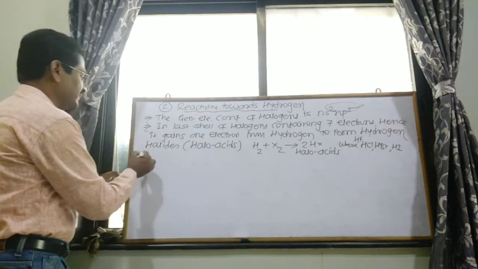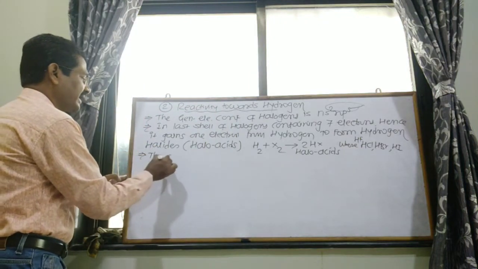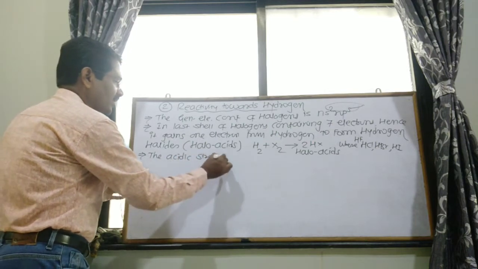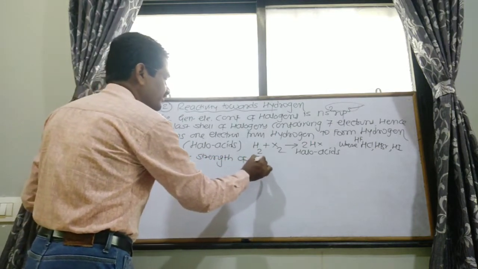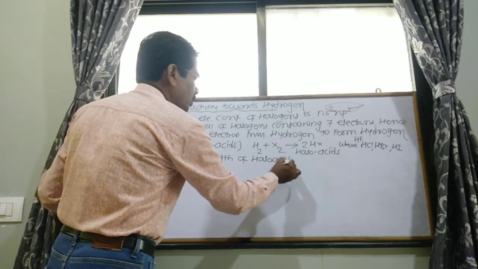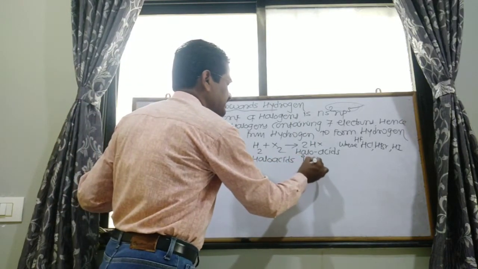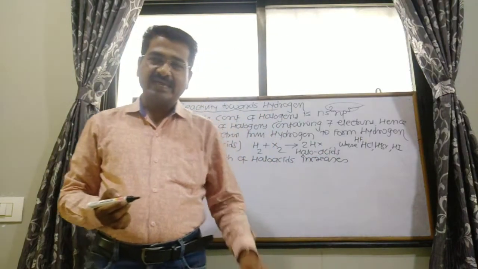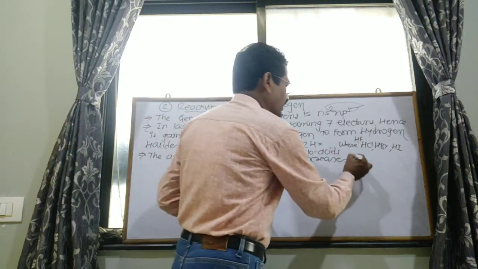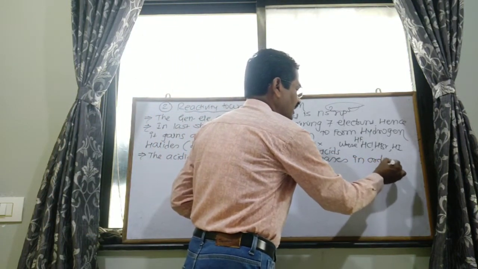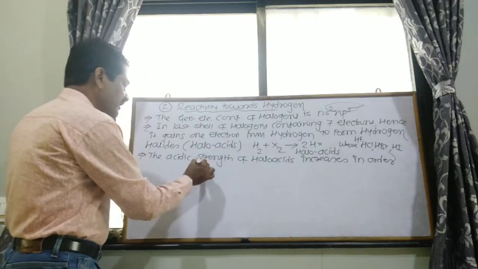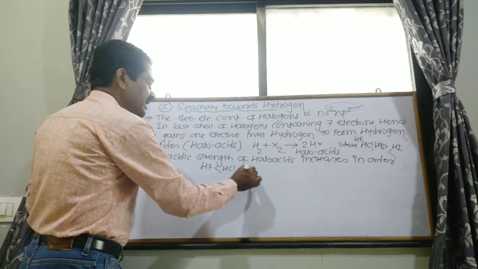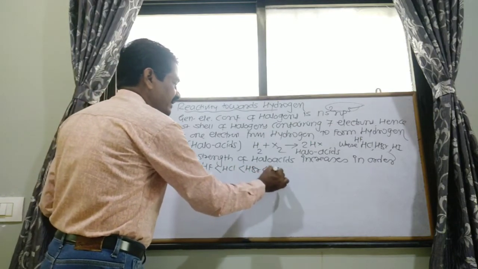The acidic strength of haloacids increases in the order HF, then HCl, then HBr, then HI.